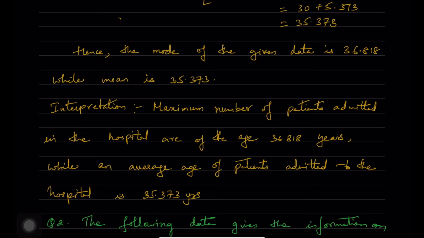So the difference between mode and mean is that the maximum number of patients admitted in the hospital are of the age 37. At most you can take, that is between 35 to 45, you can take it as at most 37. And while the average age of patients admitted to the hospital is 35, whoever is having that age, those people were admitted more into the hospital. This is what the interpretation means.